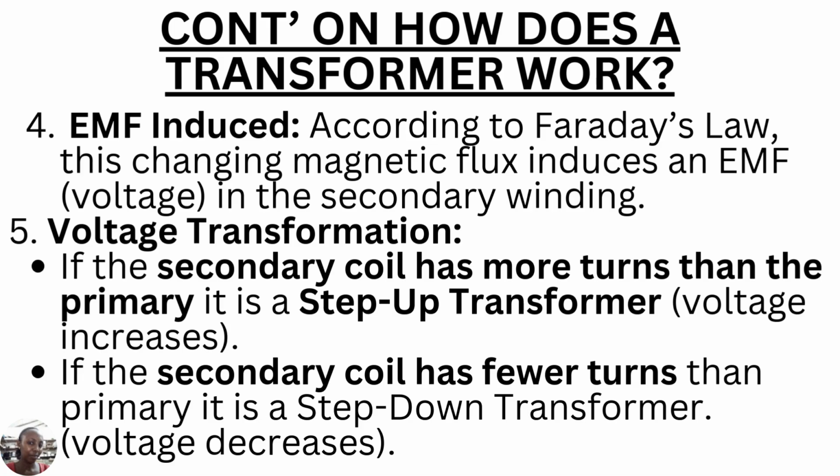If the secondary coil has fewer turns than the primary, it is a step-down transformer, and the voltage decreases. This is how transformers can either raise or lower voltage efficiently, depending on what the system needs.